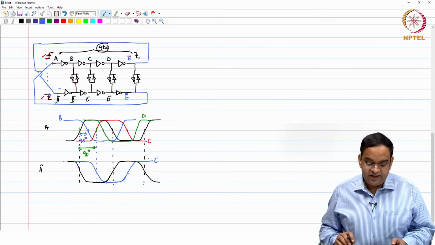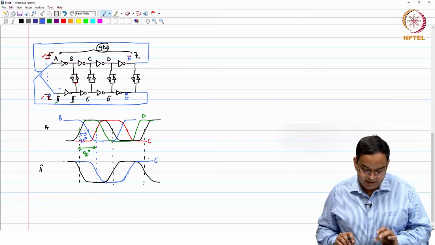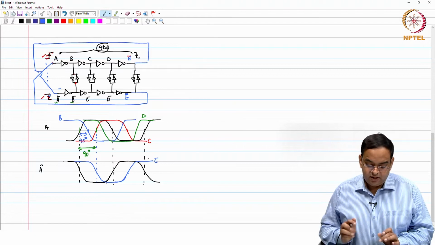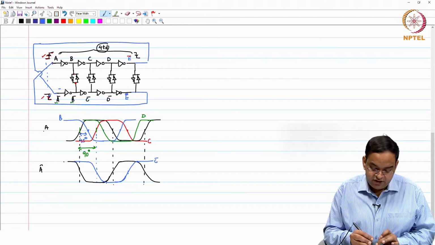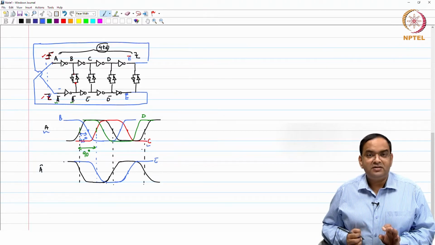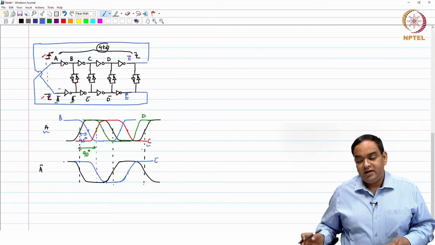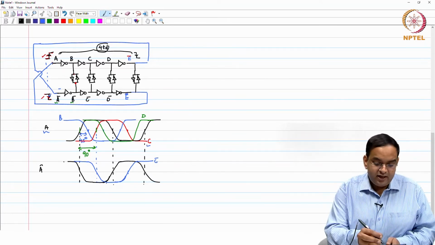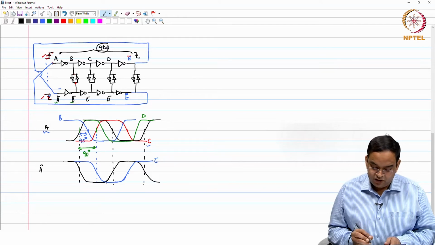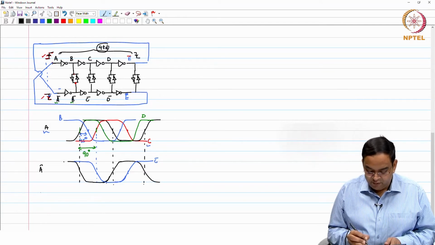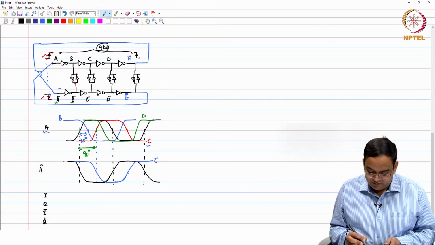What you can see here is that A bar and C bar signals are complementary of A and C signals, and A and C signals are 90 degrees separated, and A bar and C bar signals are also 90 degrees separated. So, if I want I, Q and I bar, Q bar clocks, I can very well use these phases here.